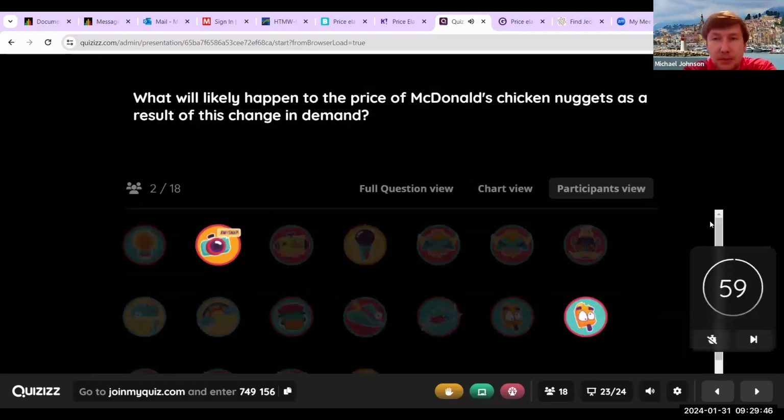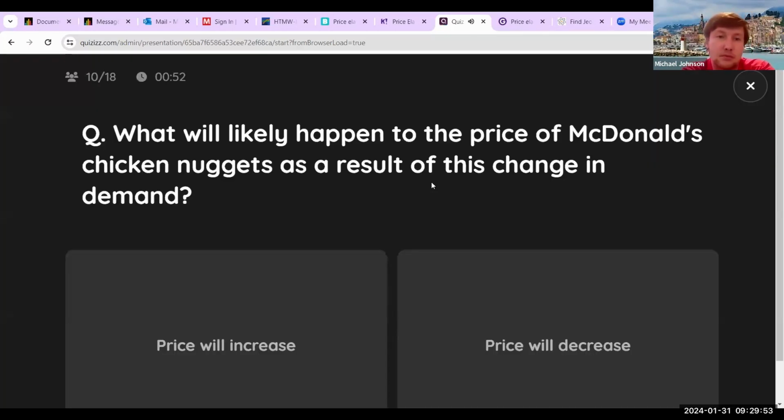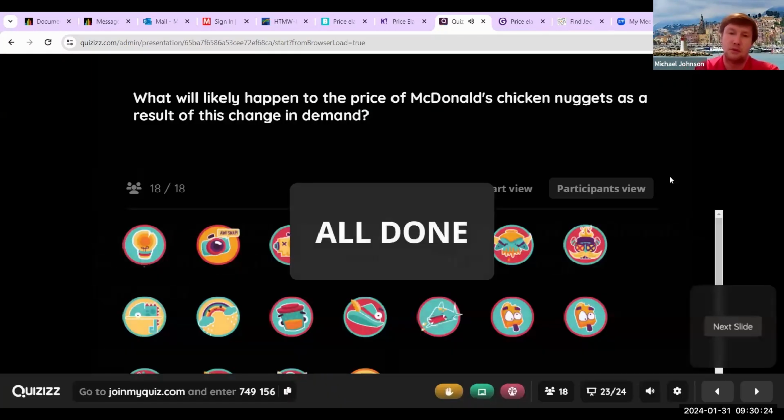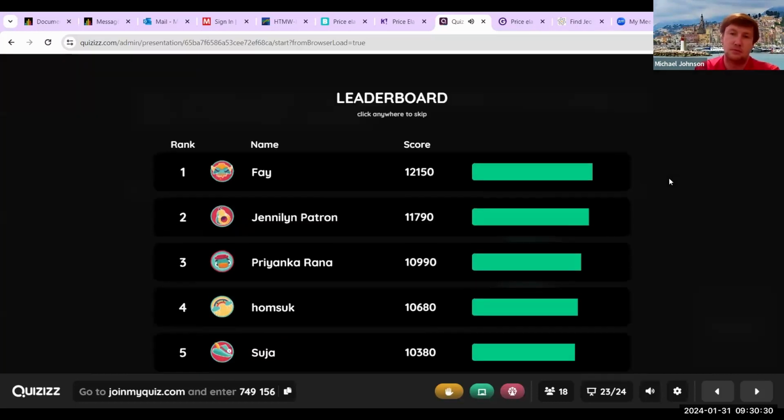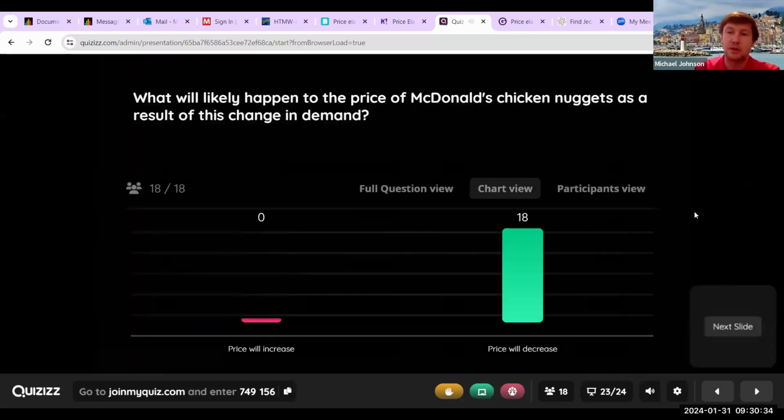So what will likely happen to the price of McDonald's chicken nuggets as a result of this change in demand? So price will decrease.